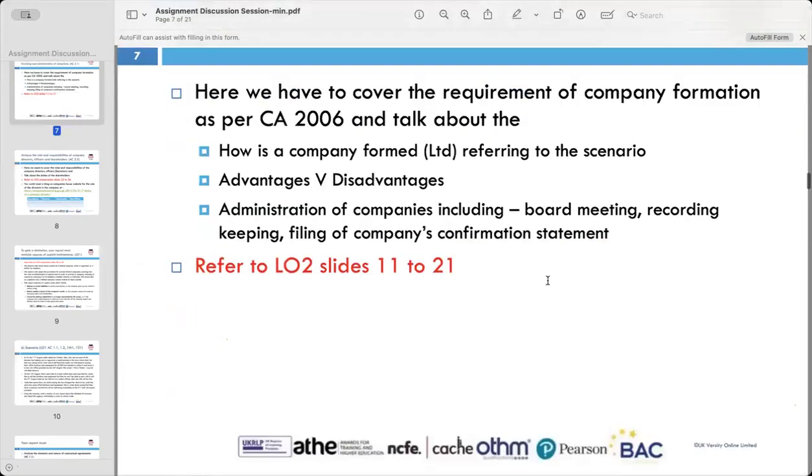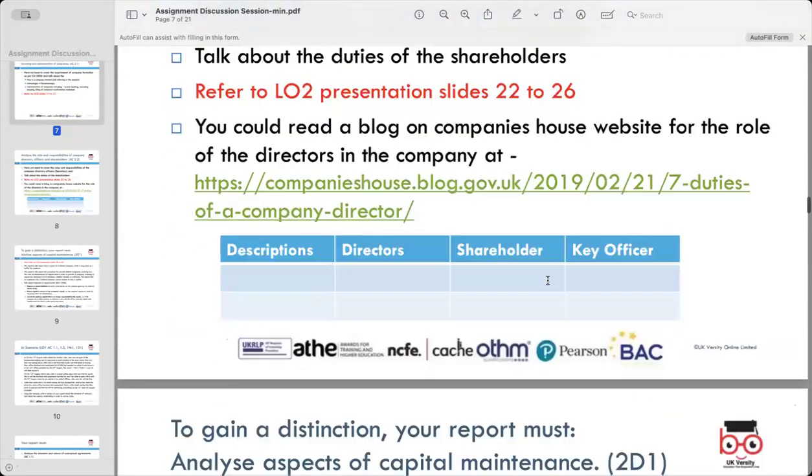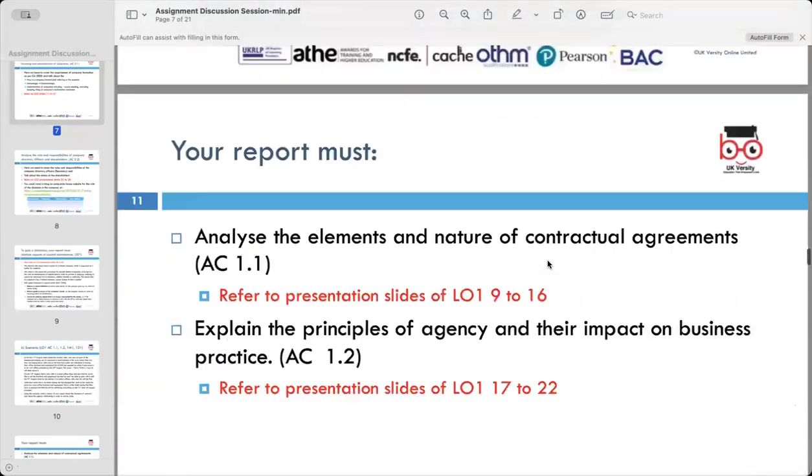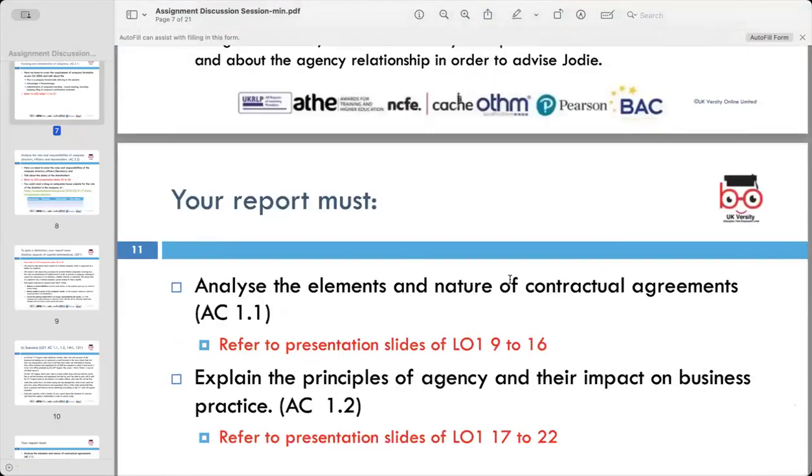Then you will mention the contract in your task about contractual agreement, learning outcome two, where he will ask about task one or two, or slides 9 to 16. Here you will talk about furniture or whatever the conversation is between Harry and Jody. Okay, do you understand what I'm saying?